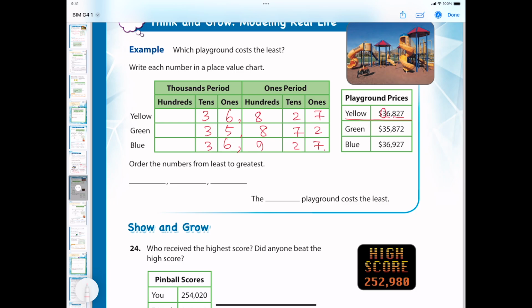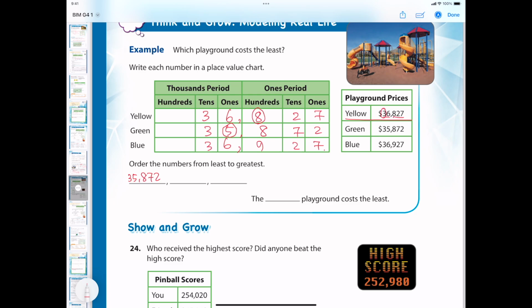Now let's compare these numbers, okay? Three at a time. All right, here, tens place are all equal. What about the ones place? Yes, green is lesser, right? So 35,872 has the least value. What about now? We need to compare yellow and blue still. Now let's move on to hundreds place.